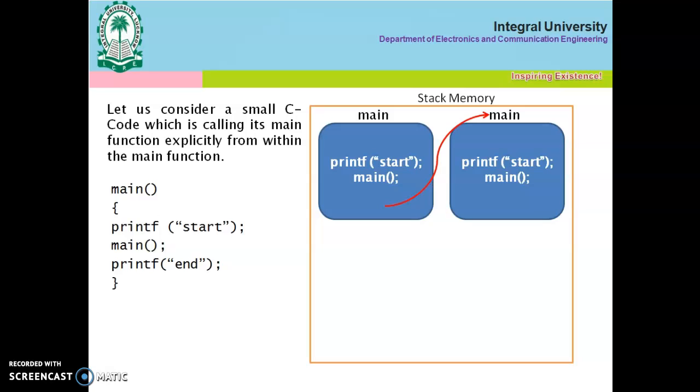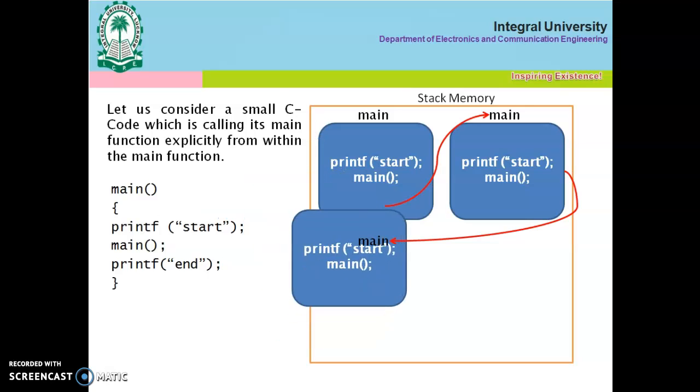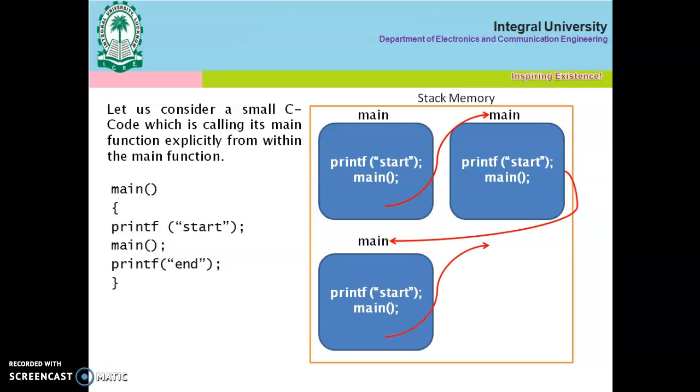Once all the three statements' execution is completed, then the frame will be deleted and the memory will be released to some other execution of a method. But here, every time the control is moving in a forward direction only. For the control, there is no chance to come back and complete the execution of a previous frame. So it will continue to do so, and a time will come when the allocated memory will be full.